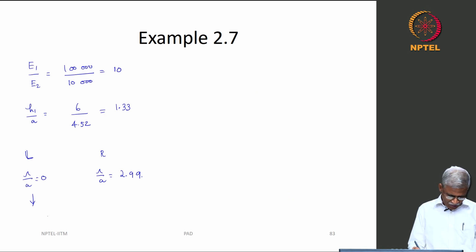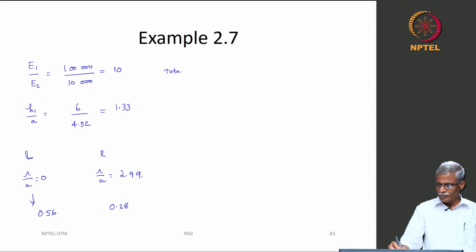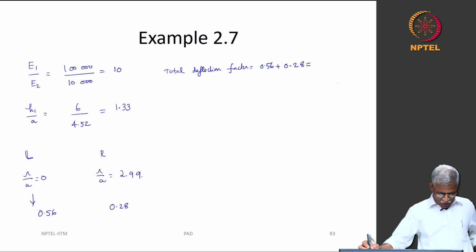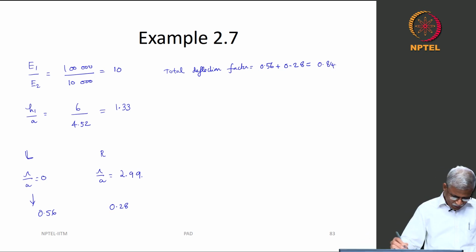This is going to be 0.56, this is going to be 0.28. So, the total deflection factor is going to be 0.56 plus 0.28, and that is going to be 0.84.